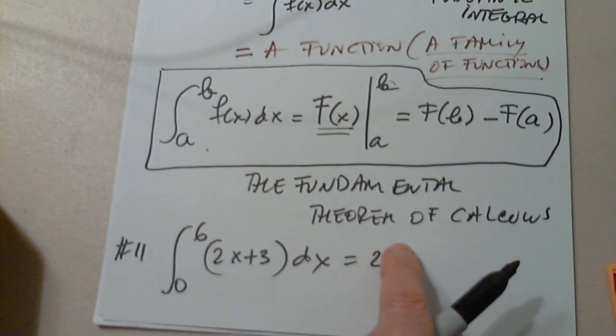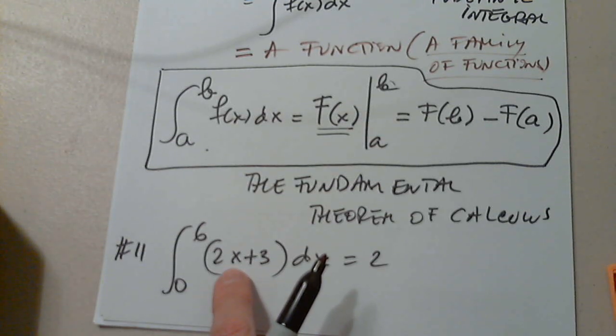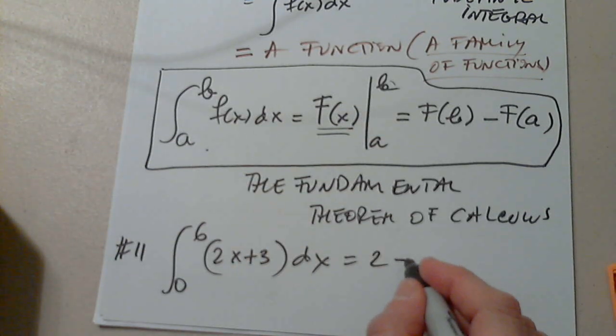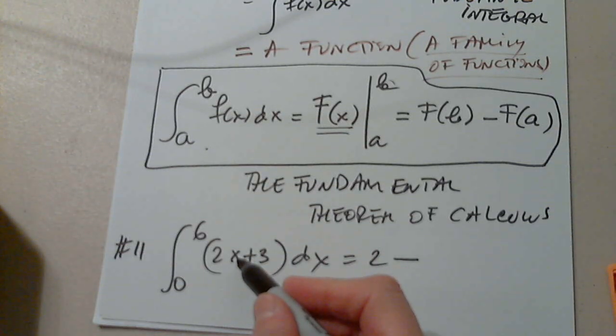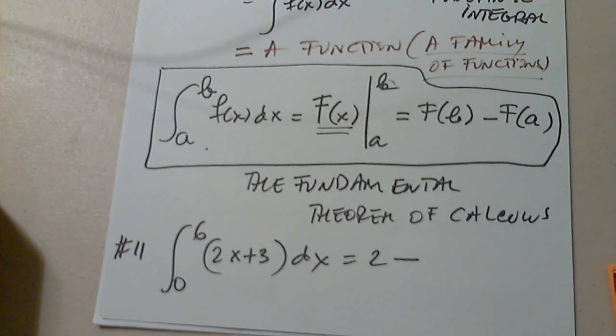Okay. So now I copy 2, and then I am asking myself which function I differentiate to get x. Which function I differentiate to get x? Is anyone with me?